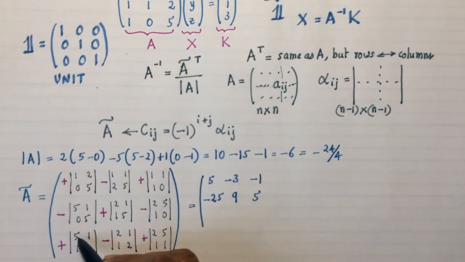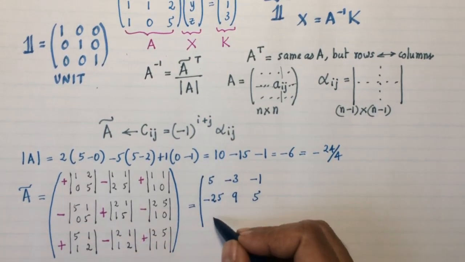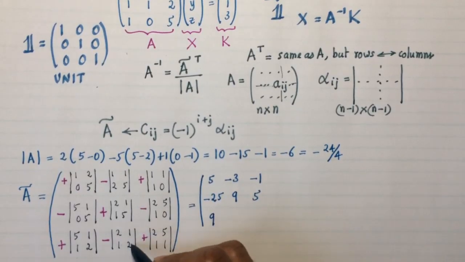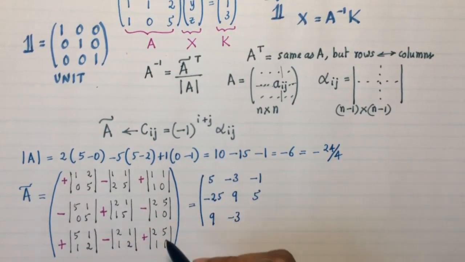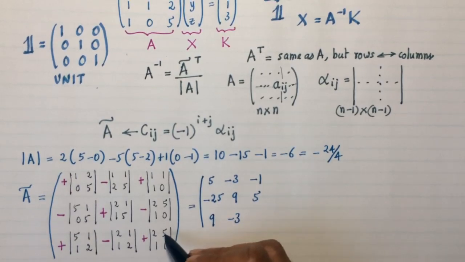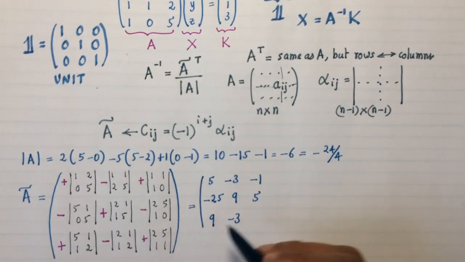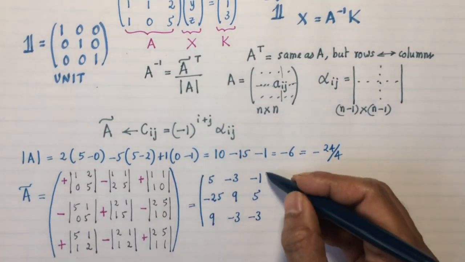Last row is 10 minus 1, 4 minus 1, but a minus sign outside. This is 2 minus 5, which is minus 3. Okay.